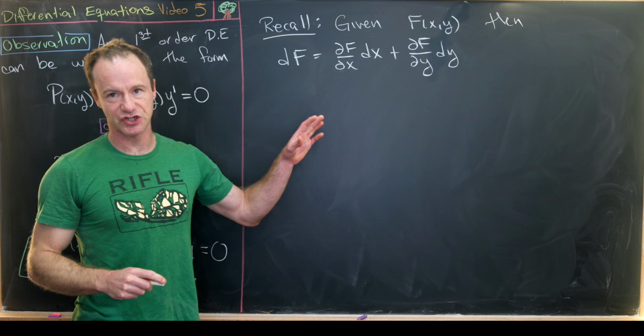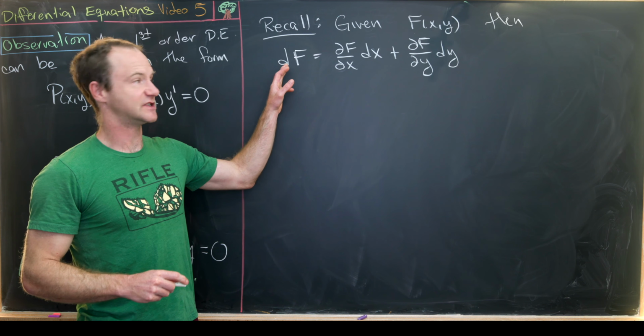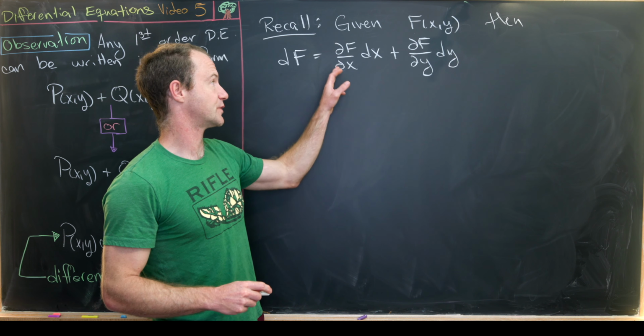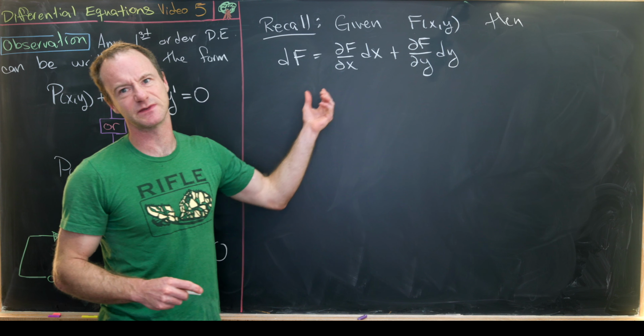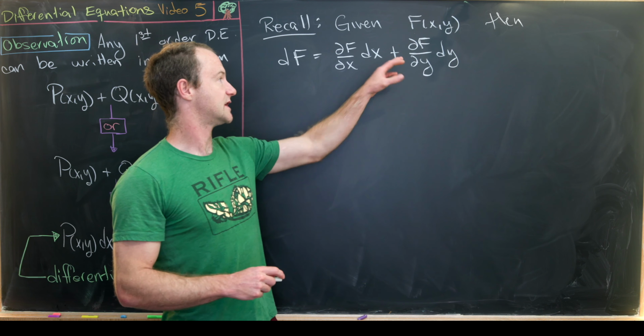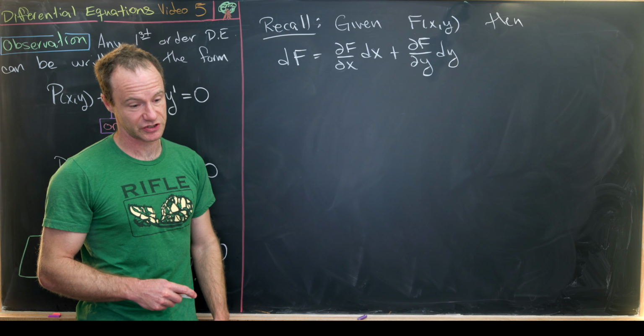And so what this is saying is that the output of the function is changing in terms of the partial with respect to x times an incremental change in the x direction plus the partial with respect to y times an incremental change in the y direction.